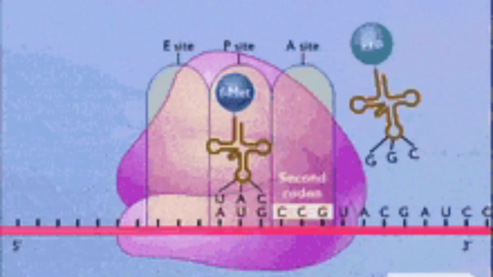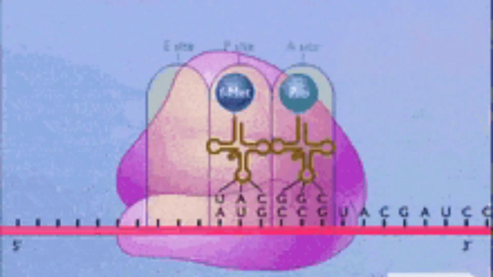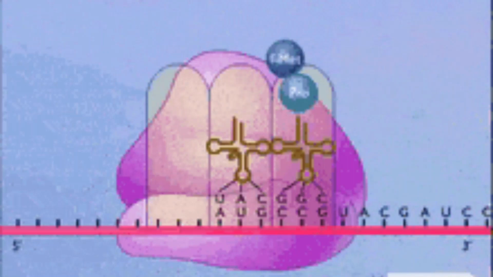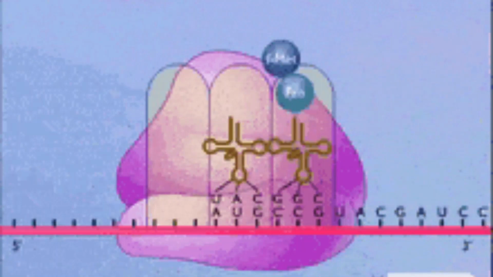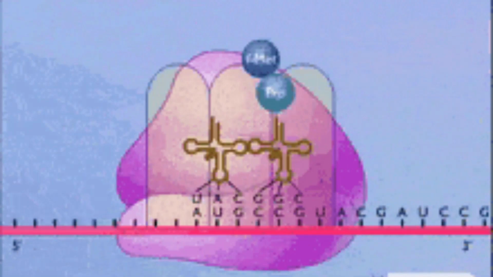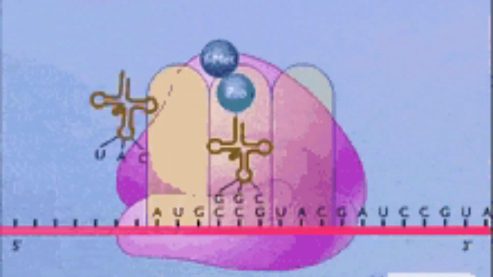In the elongation stage, another tRNA carrying an amino acid approaches the mRNA ribosome complex and fixes in the A site. Then, a bond forms between methionine and the amino acid on the tRNA. As a result, the initiator tRNA becomes deacylated.